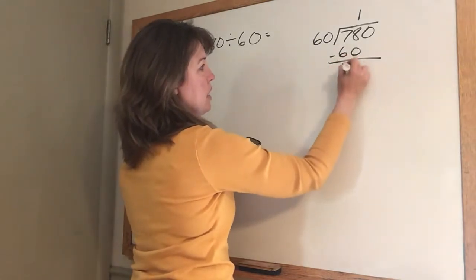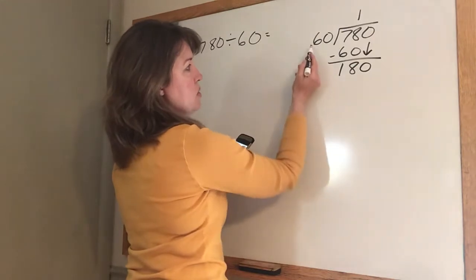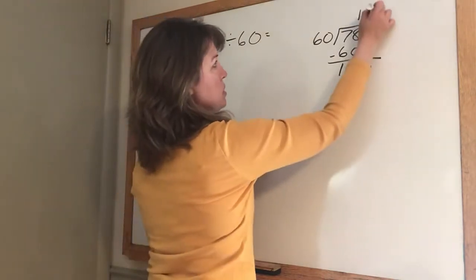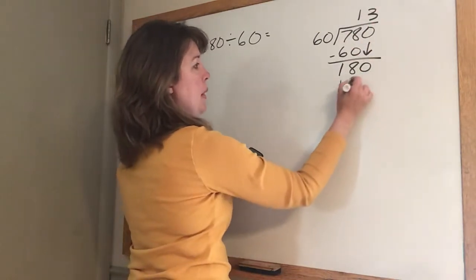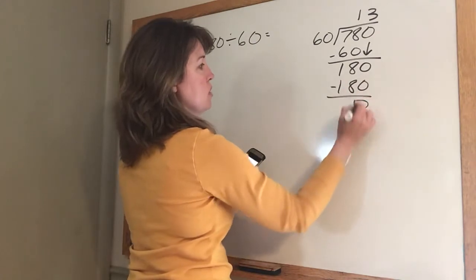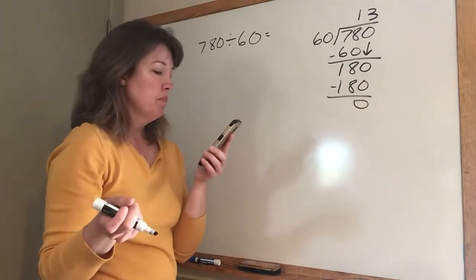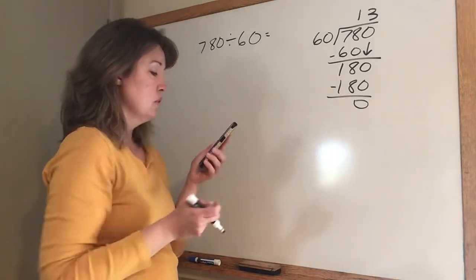Subtract and you get 18. Bring down your 0, 180. So 60 goes into 180 3 times, right? Because 6 goes into 18 3 times. And no remainder. So that's the first step, is that Patrick practiced for 13 hours.